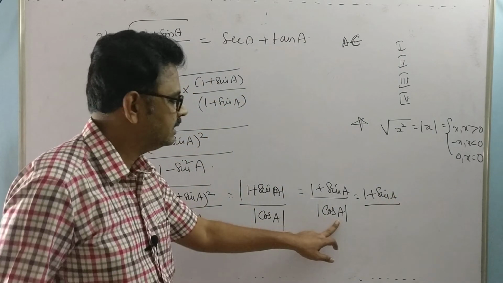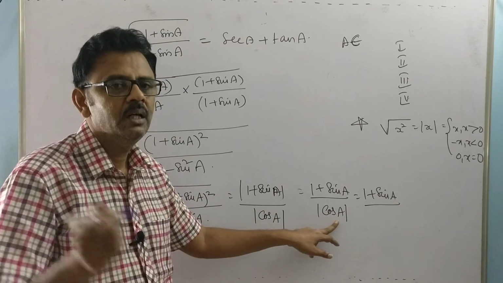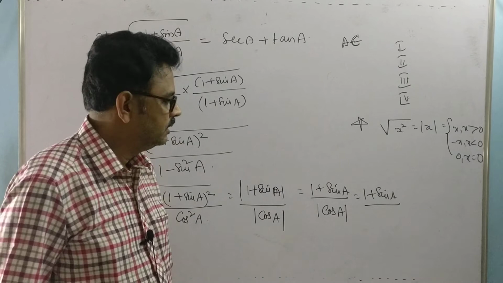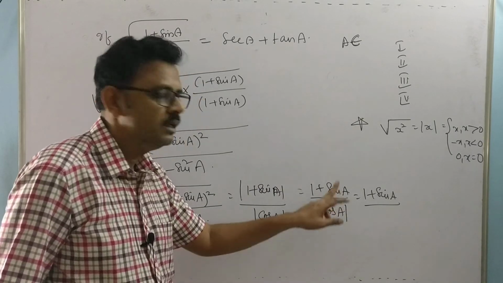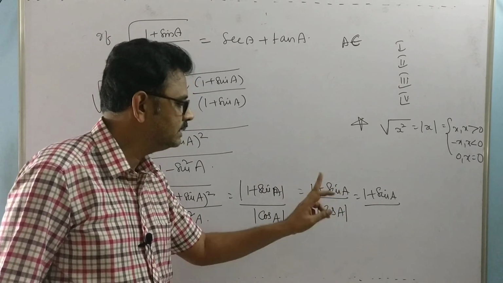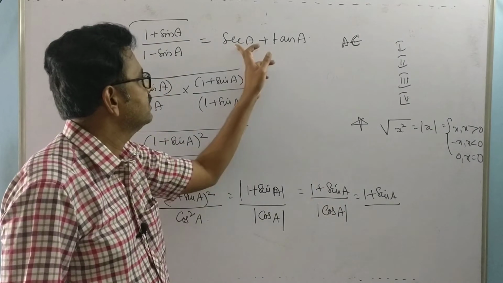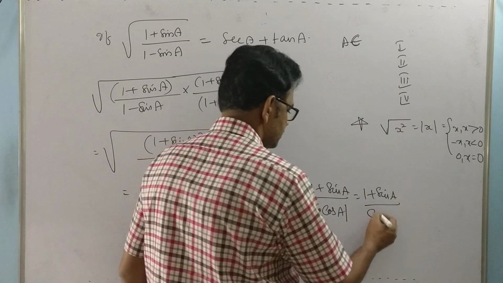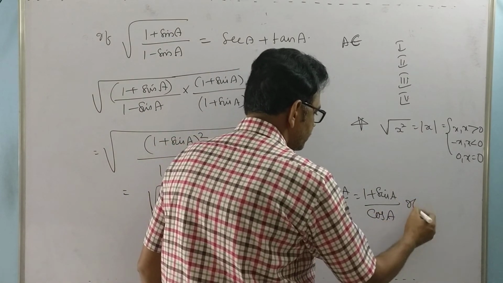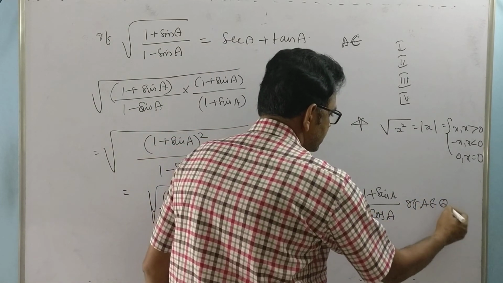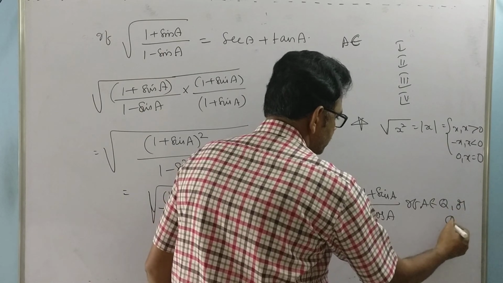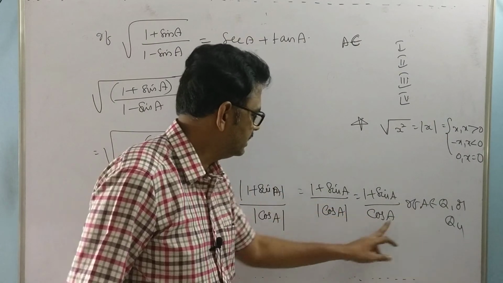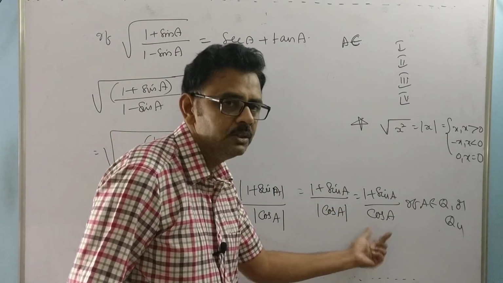If A lies in either the first quadrant or fourth quadrant, cos A is positive. If A lies in the second quadrant or third quadrant, cos A is negative. But it is given as plus. So if A belongs to either Q1 or Q4, cos is positive.